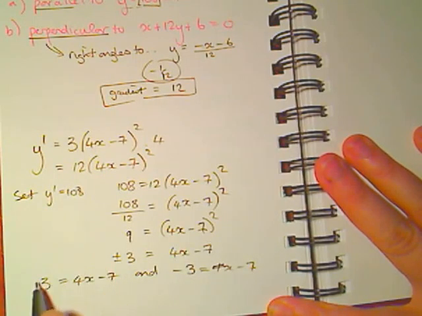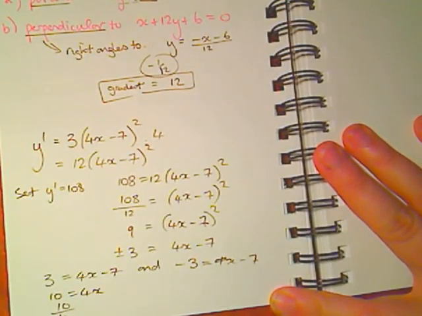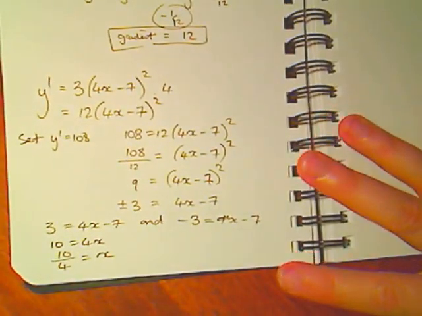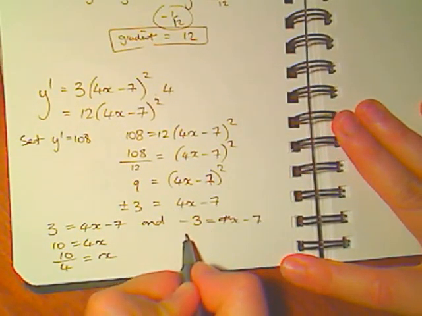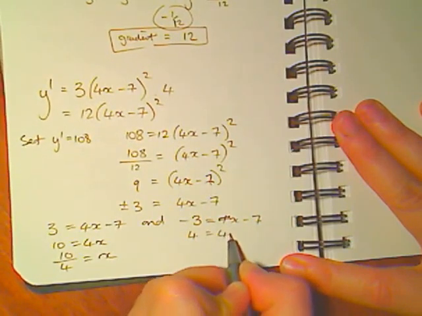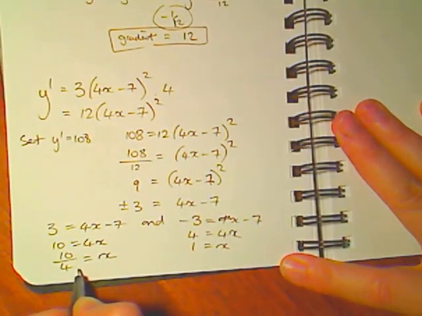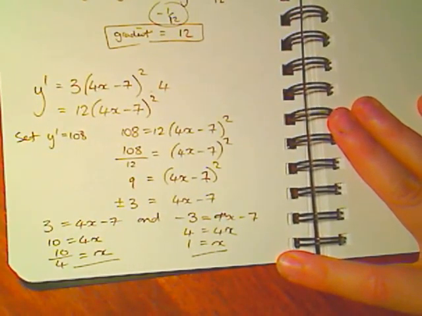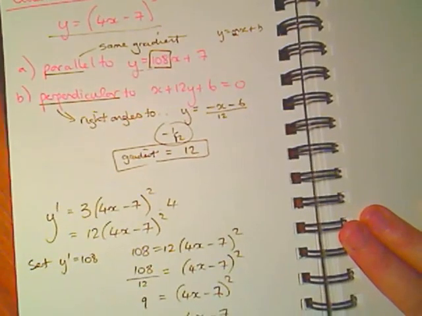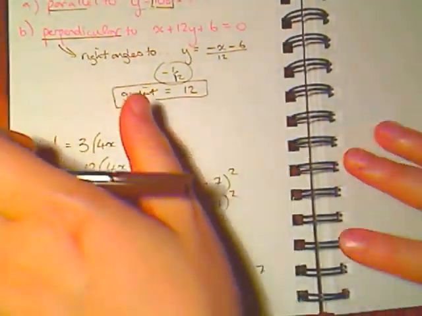So plus 7 is 10. 10 quarters is the first one. And on this side, plus 7 over there gives me 4 and 1. They're the x-coordinates where it is parallel to this function. That's the answer to that first part.